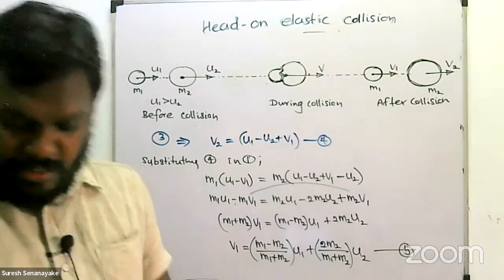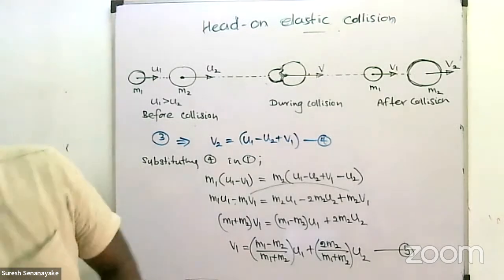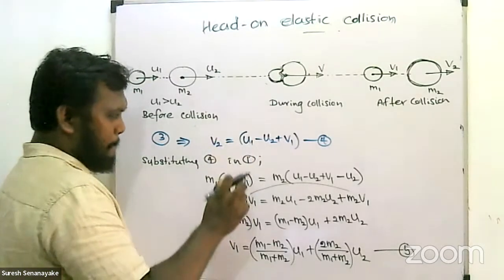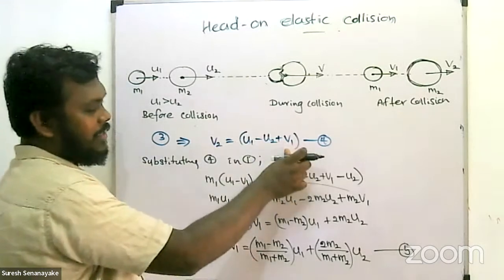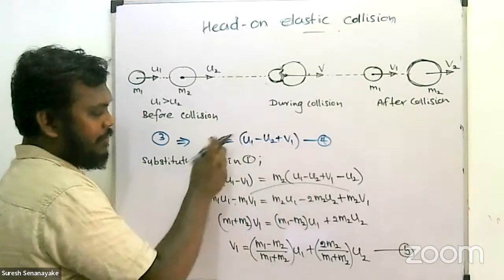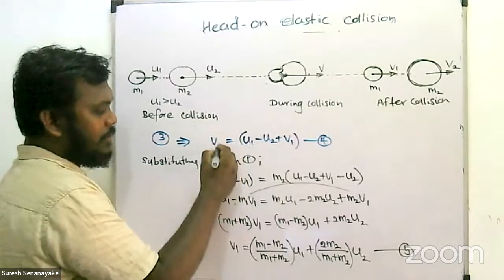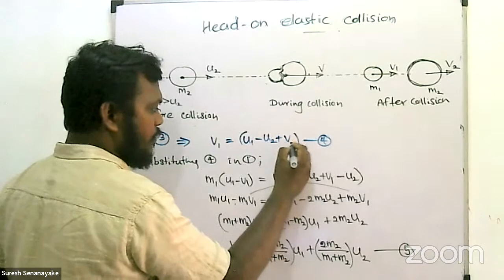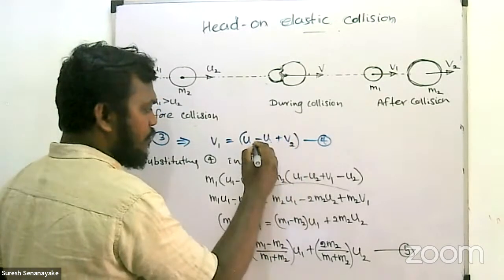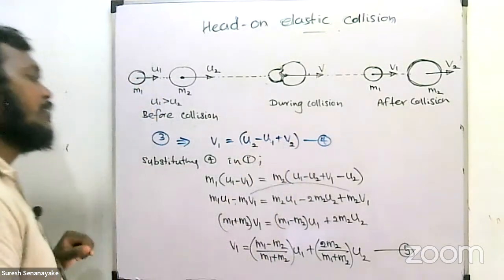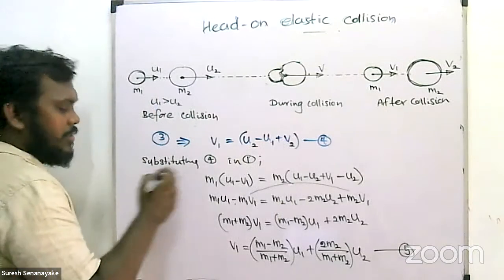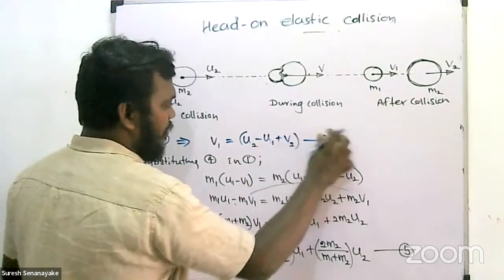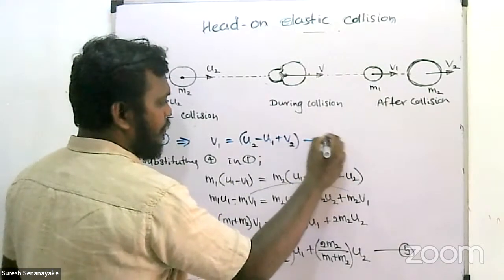Okay, let's see, what is V2? So what do you do to the V2 then? This V1 here. If V2 then V1 is the subject, we have to take these terms to this side. I will write this V1 equals this V2 here, this U2 minus U1. Now substituting this one, let's take some Roman number, I'll call it 4 dash.